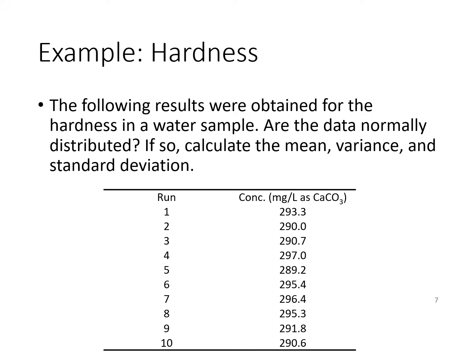In this case, we have 10 water samples that were collected from one source, and they were analyzed for the level of hardness in the water sample. We're looking here to determine if the data are normally distributed, and then if they are, we want to calculate the mean, the variance, and the standard deviation.